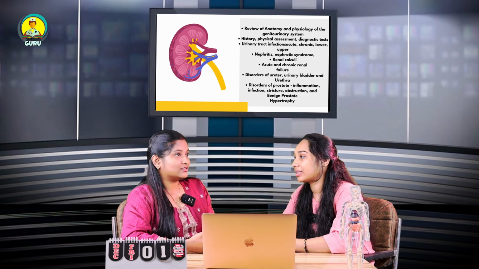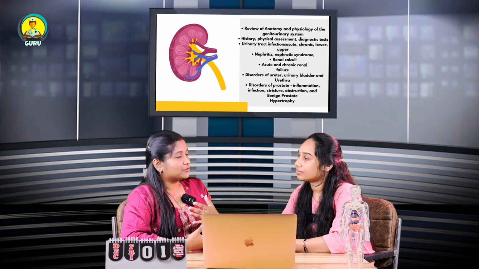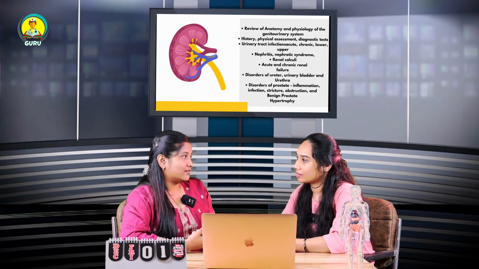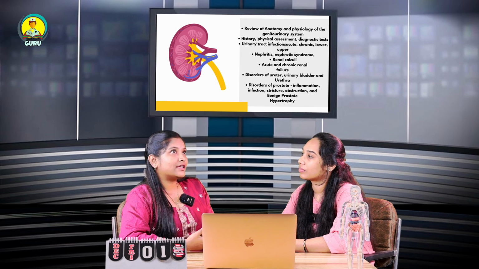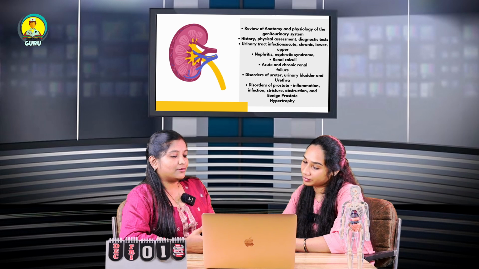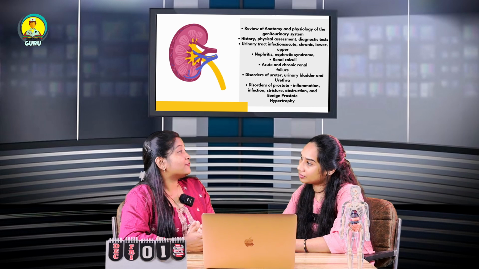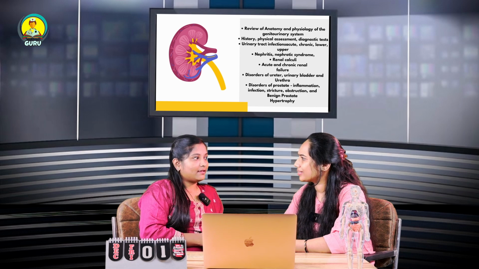We need to focus more on this urinary system, like renal disorders, nephritis, this kind of disorders. Then in this unit, the students mainly need a little bit of review of anatomy and physiology of the renal system.